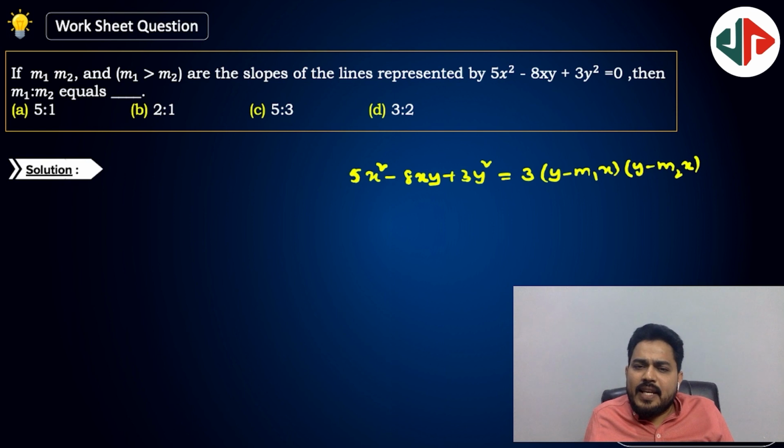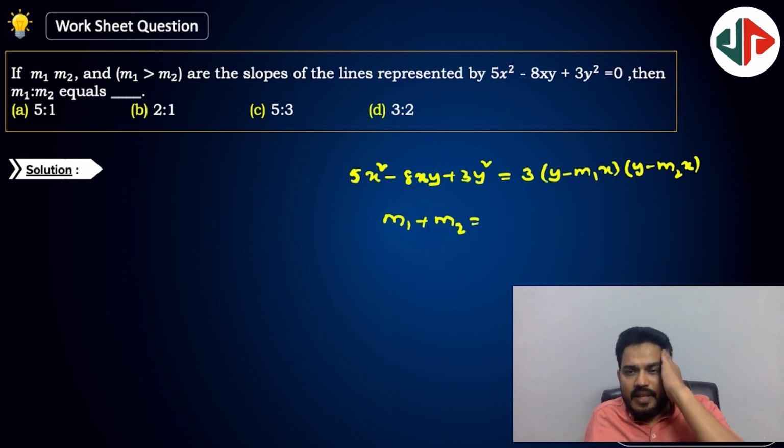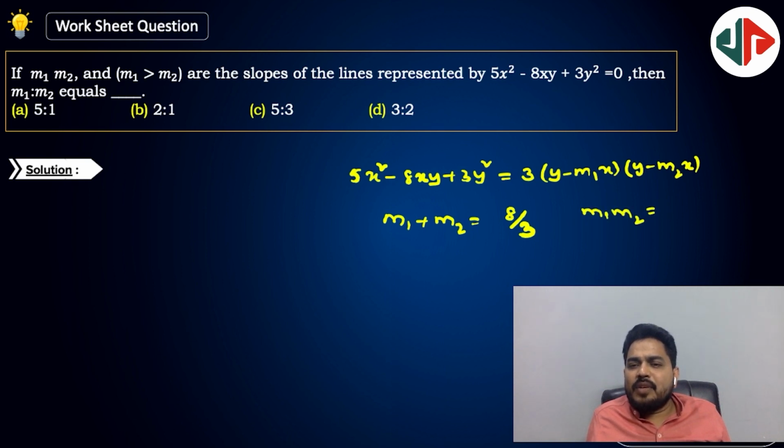So clearly here m1 plus m2, what is m1 plus m2? Minus, so this is 8 by 3. And m1 m2 is equal to 5 by 3.